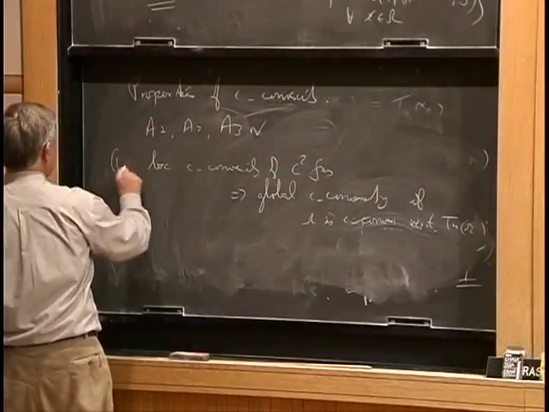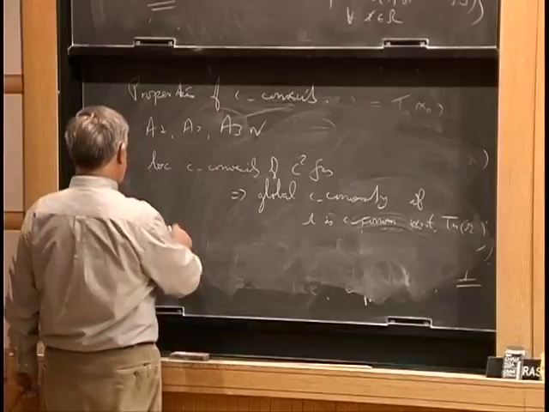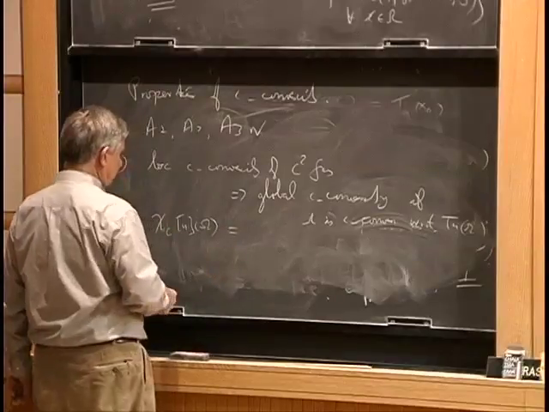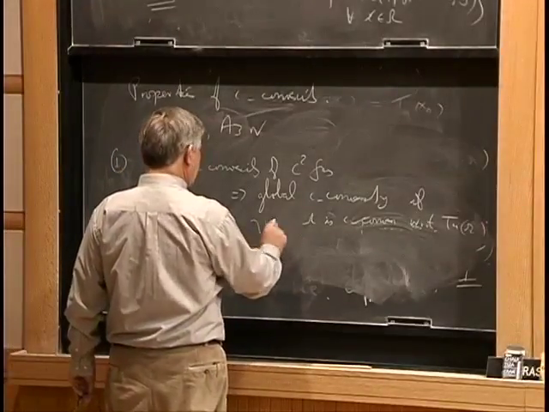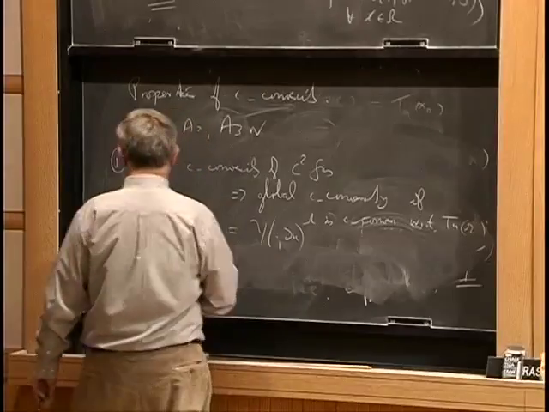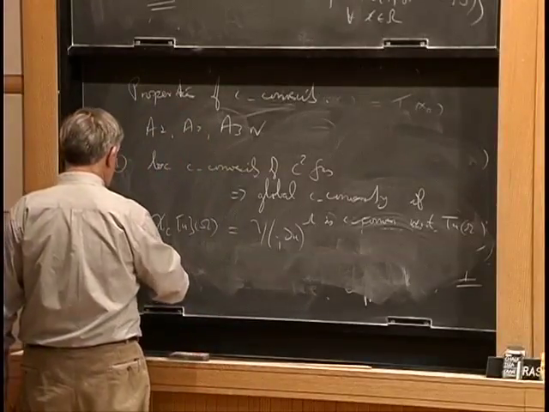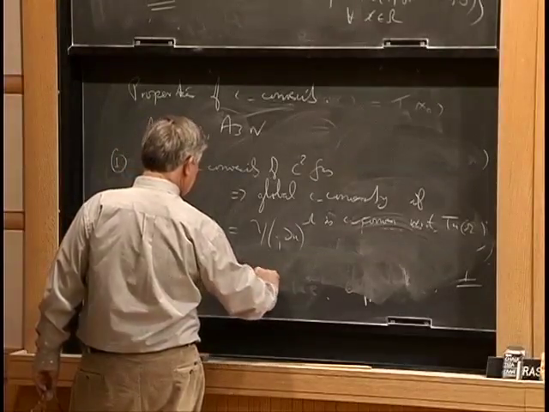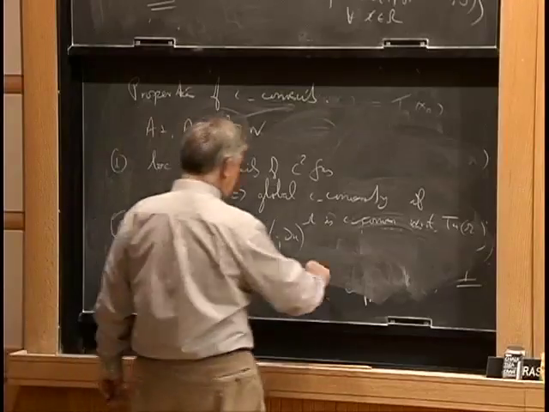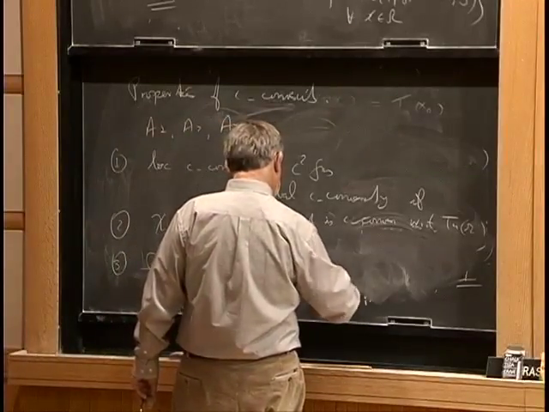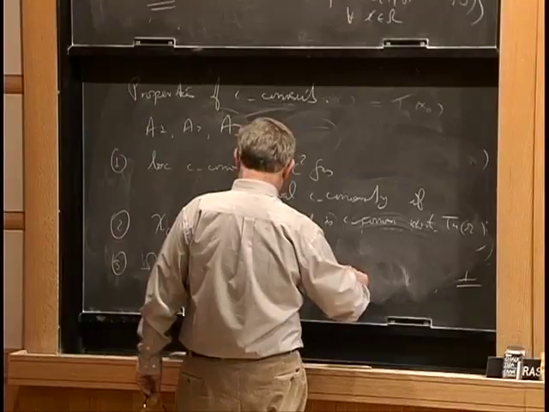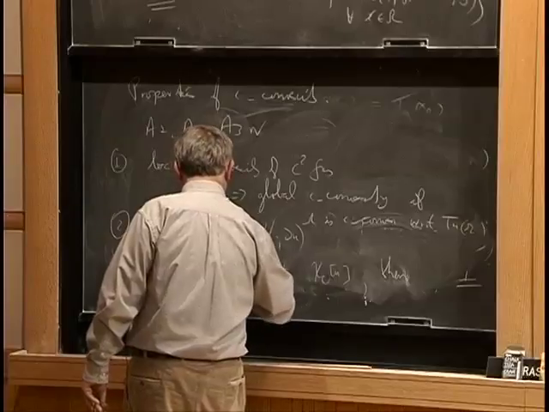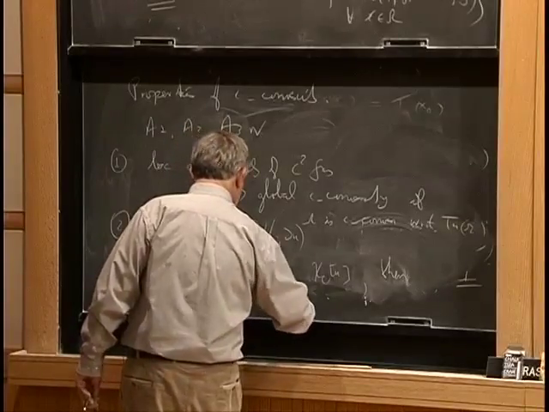That's 1. 2, we have that this chi_C u of omega will be this y dot du. And 3, that if omega is again C convex with respect to chi_C u, then this contact set gamma is C convex.